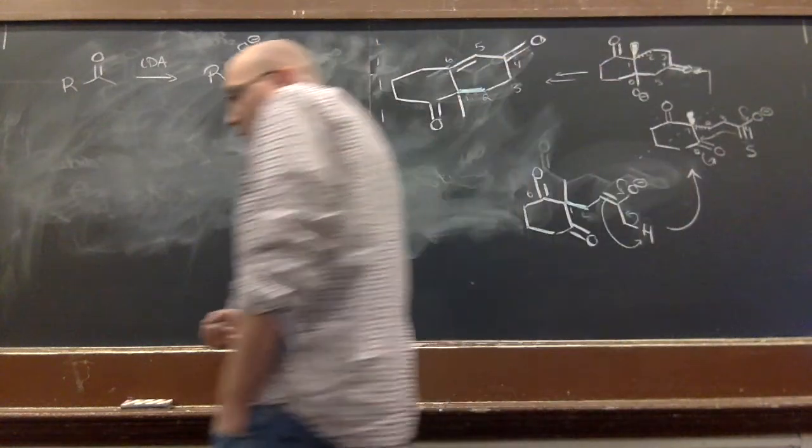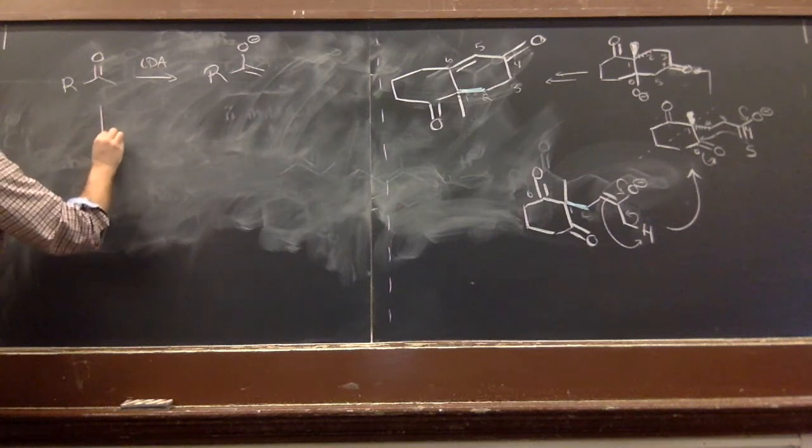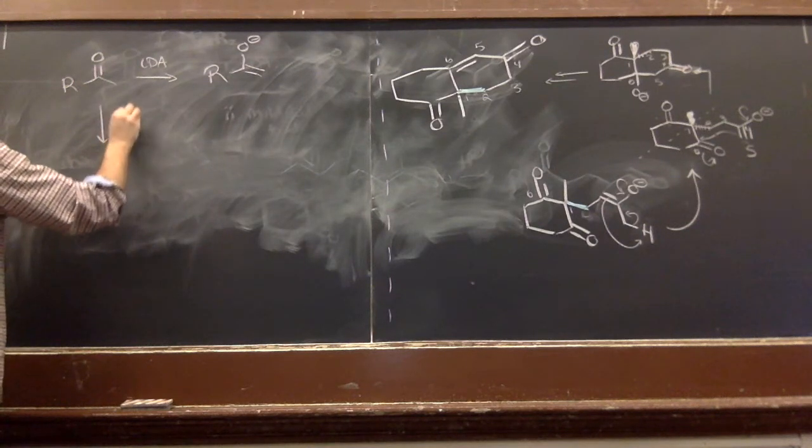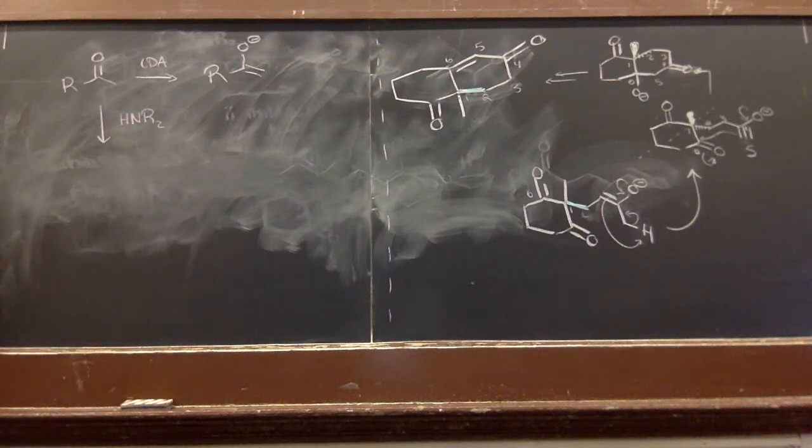But there's another way that you can activate carbonyls or enolate-like reactions. And in a way, we've seen this in the past, reiterated here, and that's to make enamines.